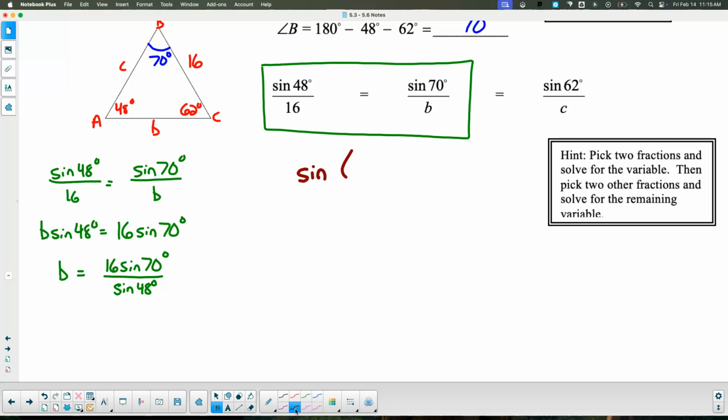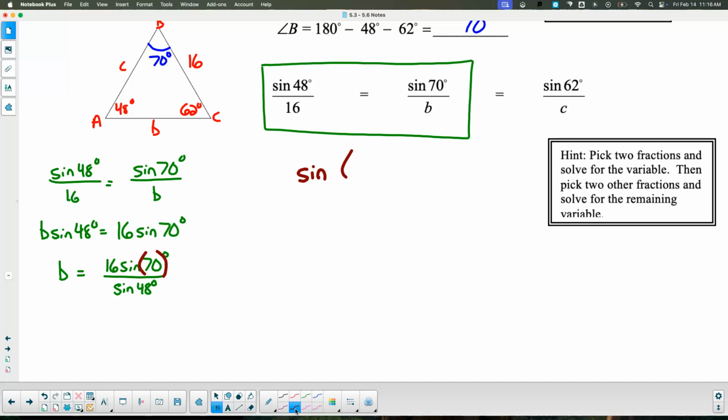The kicker is that when you type it in, it's going to open up a set of parentheses right there. Before you hit divide by the sine of 48, you have got to close that particular set of parentheses. Or your alternative is you could do 16 times the sine of 70, hit equals, then divided by the sine of 48, and hit equals again.